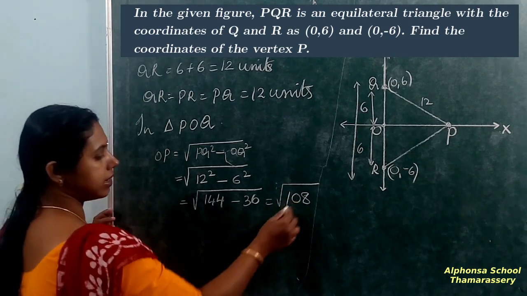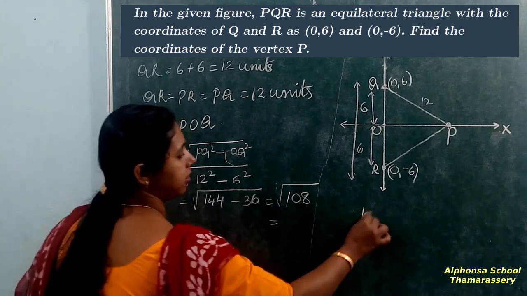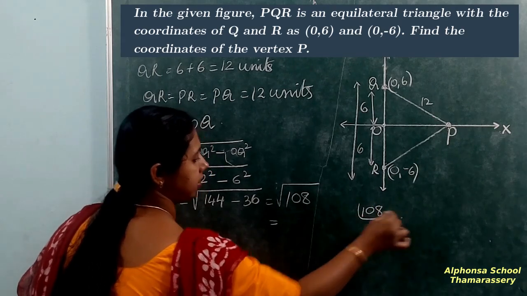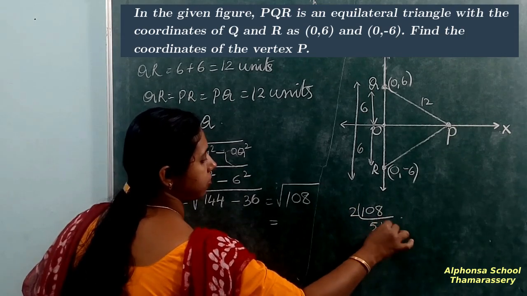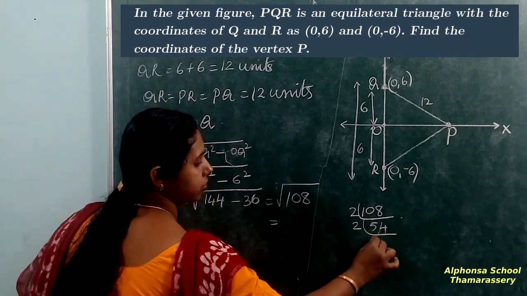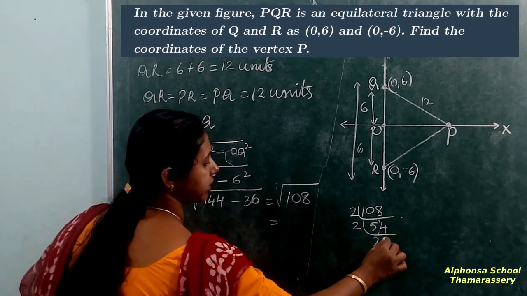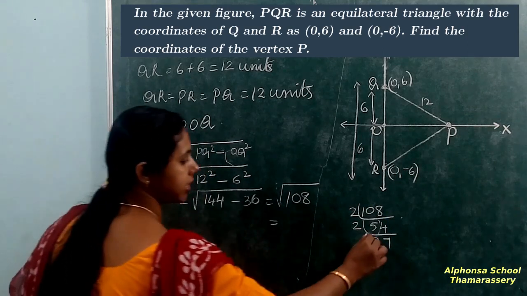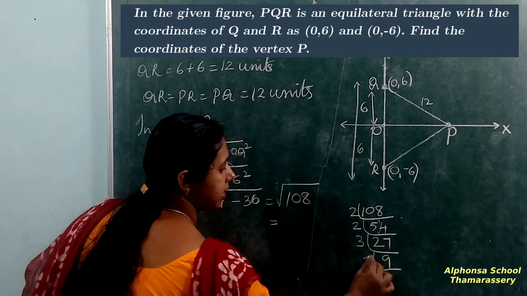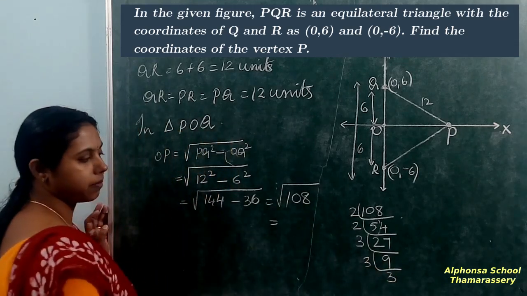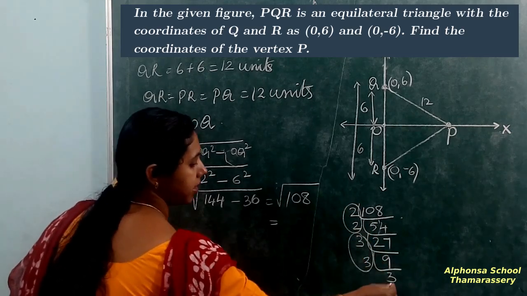The square root of 108: factorizing, 108 equals 2 times 2 times 3 times 3 times 3. It's a square, so you can make pairs, but this 3 has no pair.